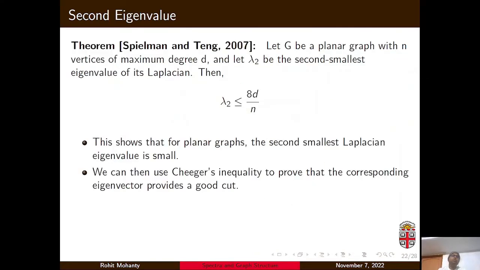Now moving on to a few interesting relationships between planar graphs and spectral graph theory. Here we will talk about an upper bound on the second eigenvalue of its Laplacian.